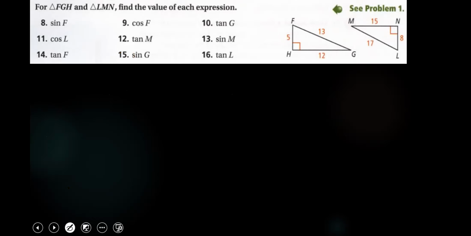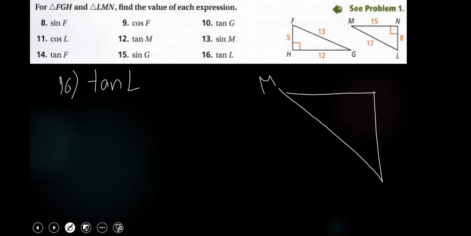Now, Yara. Yes, teacher. In number 16 here, you have to find tan angle L. So here we have M, N, and L, and the sides 17, 8, and 15. Now tan L. So you are talking about angle L. Where is the opposite of angle L?